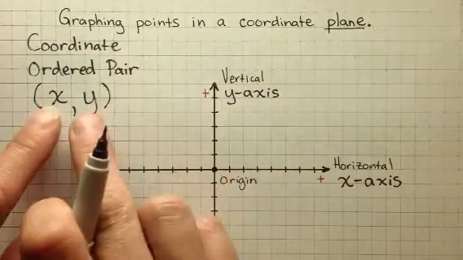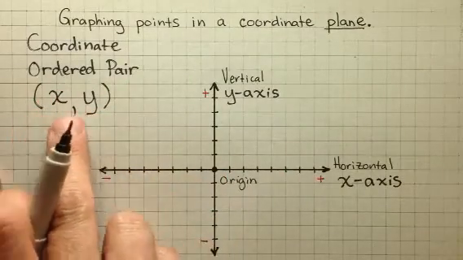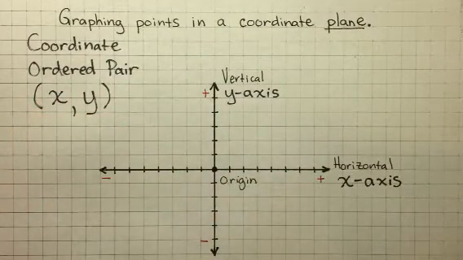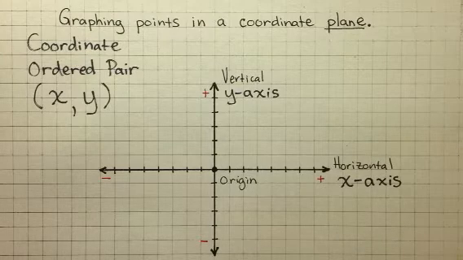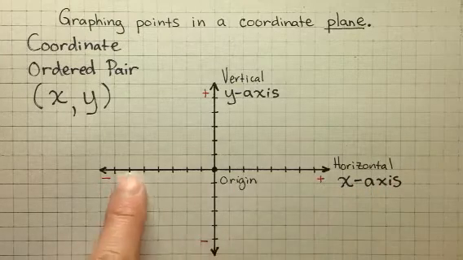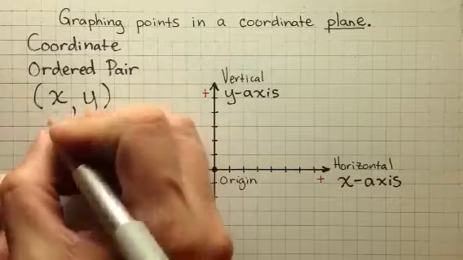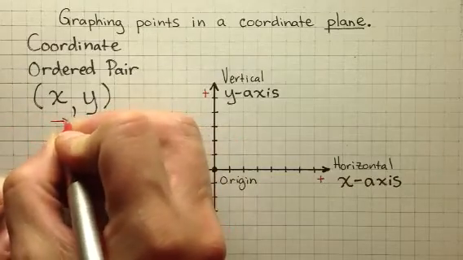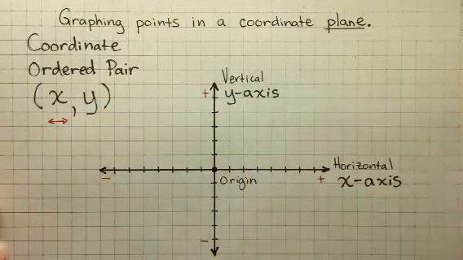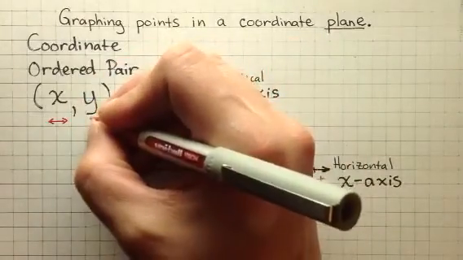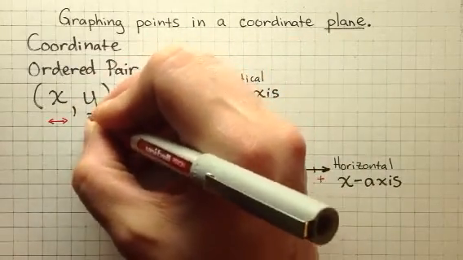So we have an ordered pair, two numbers where the order matters. The x-axis, remember, is the horizontal one. So your first number is going to have a left-right movement. Your second number is going to have an up-down movement.